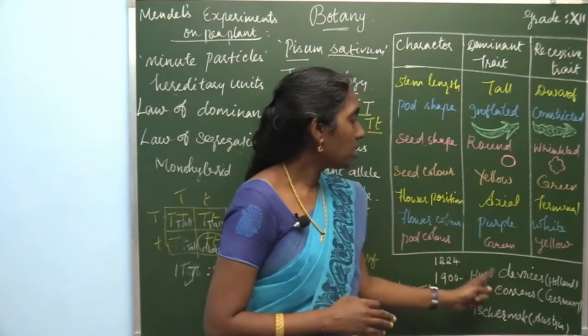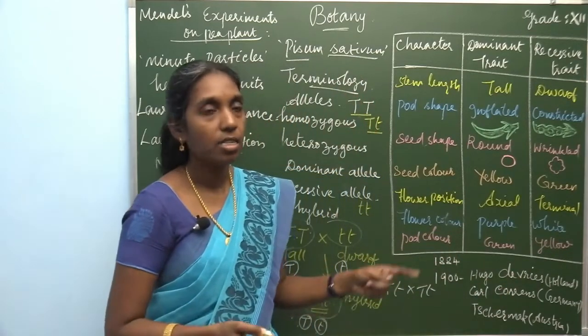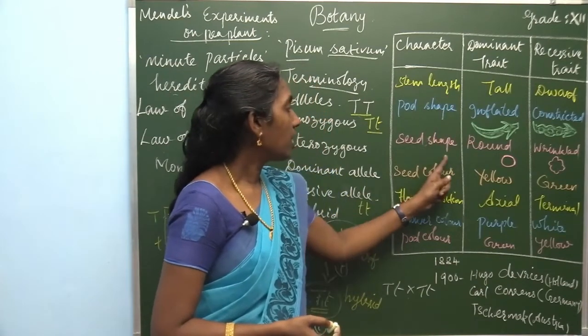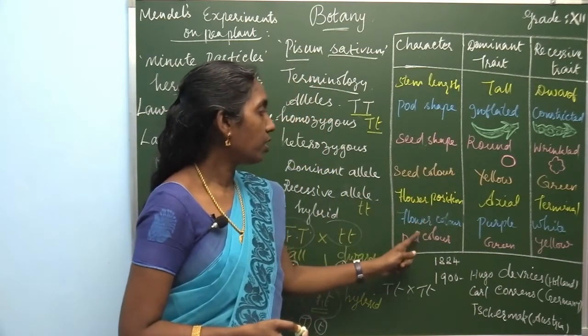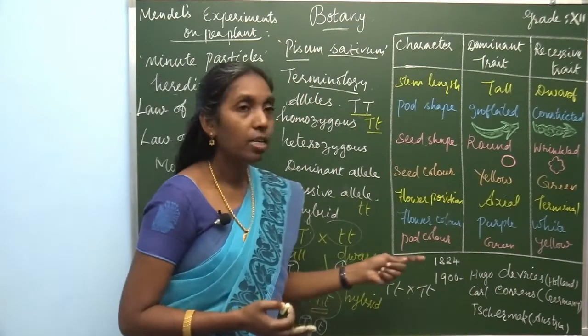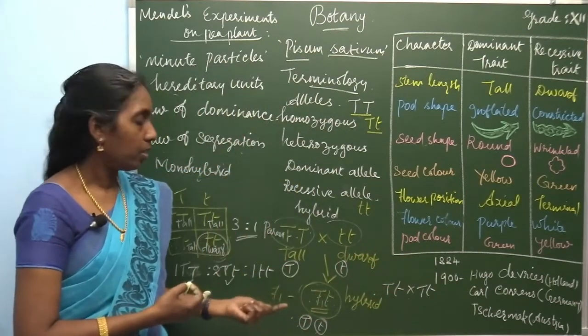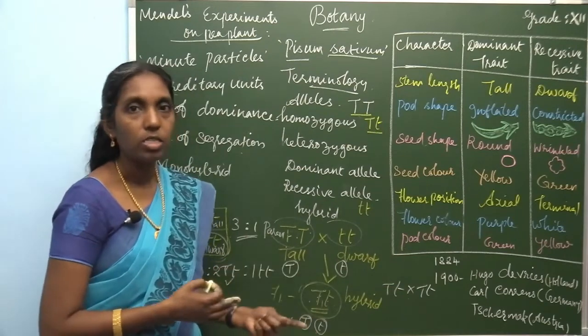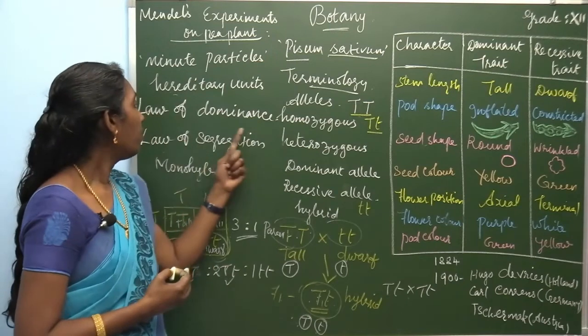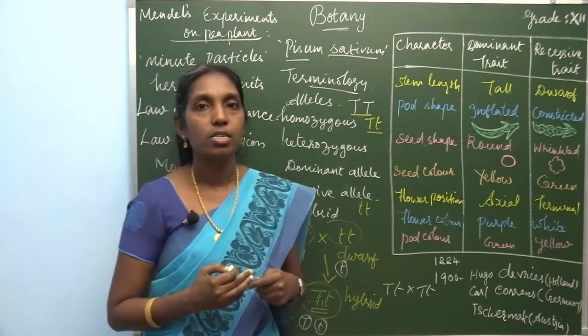These are the 7 contrasting characters he selected: stem length, pod shape, seed color, flower position, flower color and pod color. Finally, based on this monohybrid cross, he proposed 2 different laws, law of dominance and law of segregation.